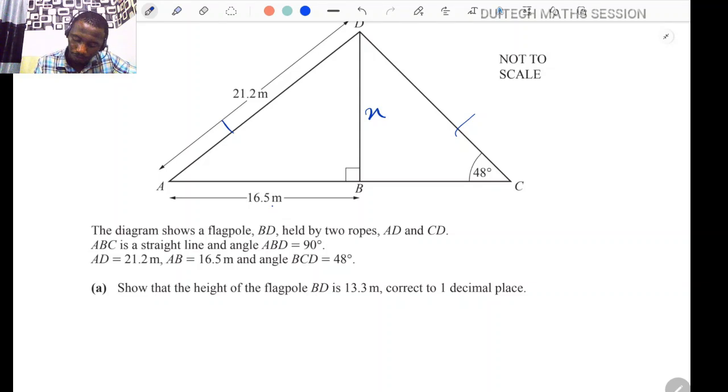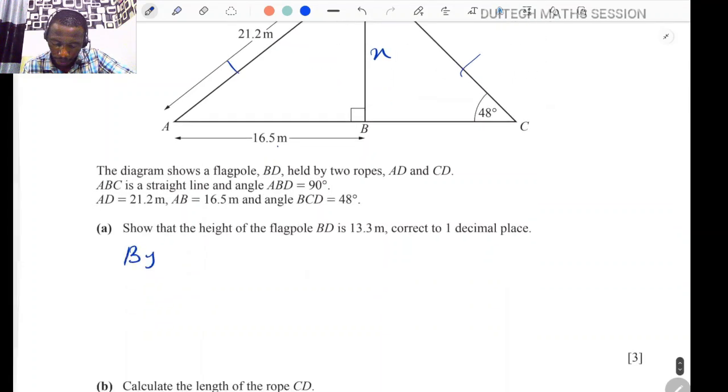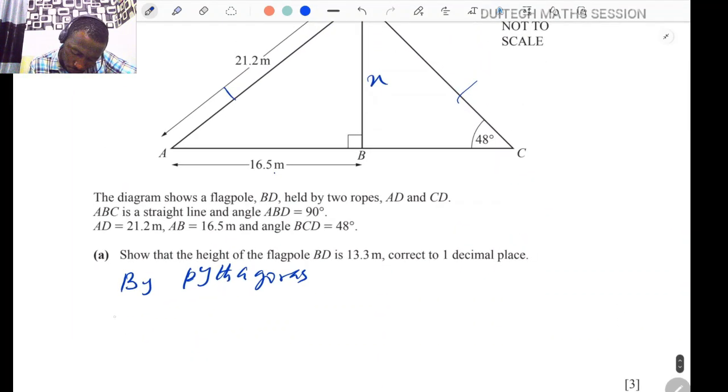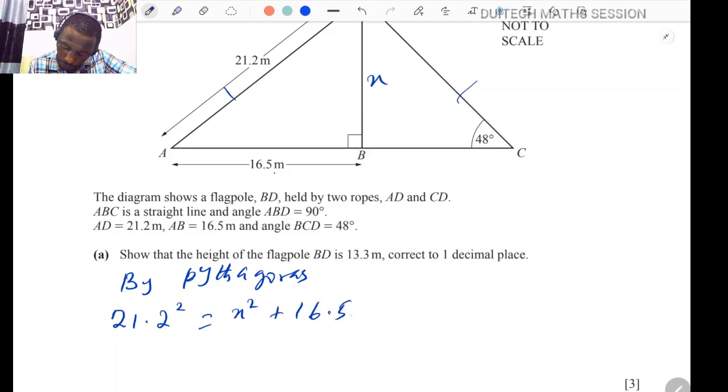So let's put it in form of Pythagoras. By Pythagoras, we say 21.2 squared is equal to x squared plus 16.5 squared.